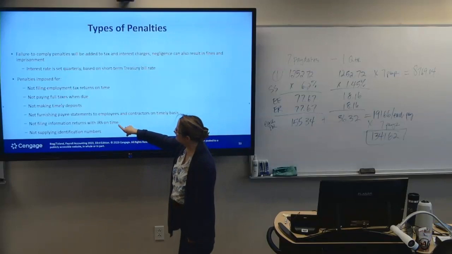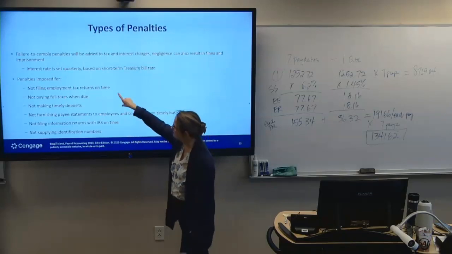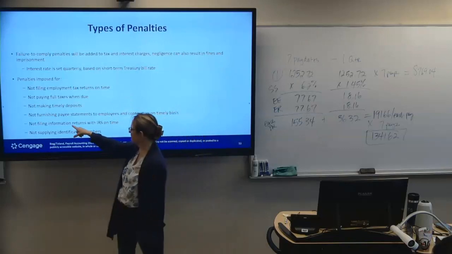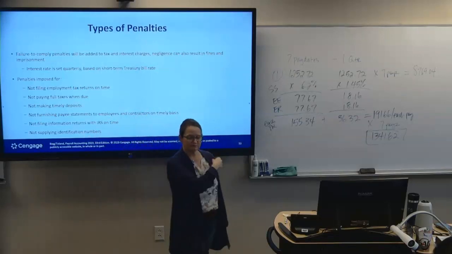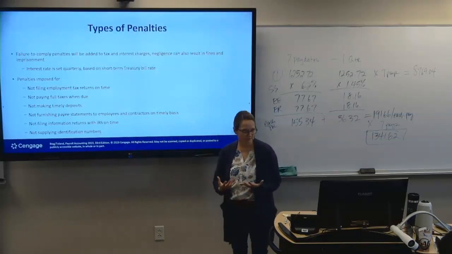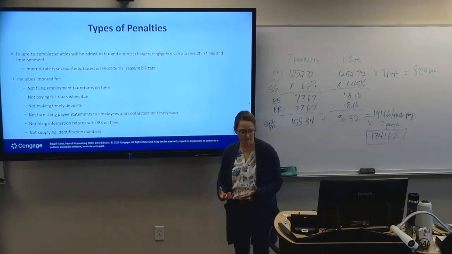This is kind of the same thing here, or actually the information returns. I think what they're referring to is that you have to give copies of those W-2s and 1099s to the IRS as well, and there's a deadline for doing that.